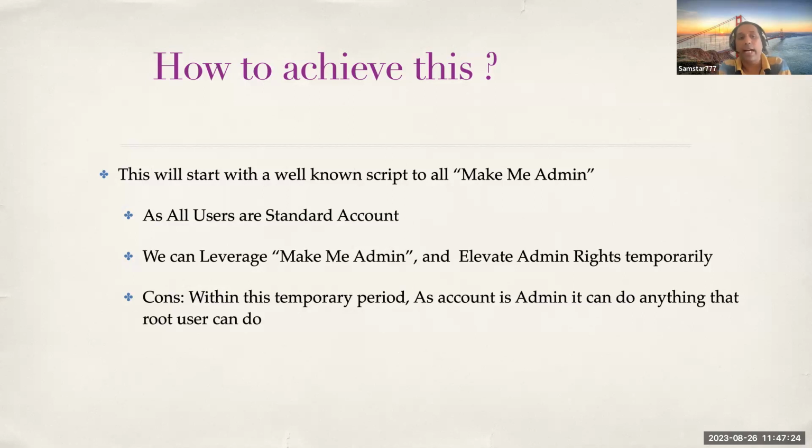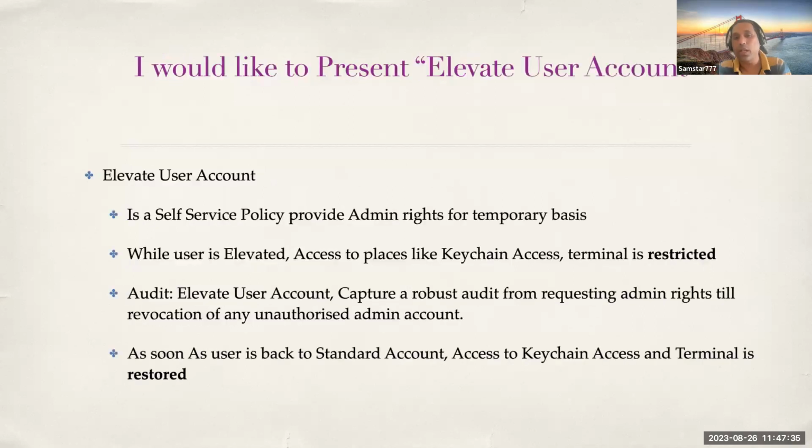To answer that, the fix is a new solution, a new modified script. So I would like to present Elevate User Account. Elevate User Account is basically a self-service policy which provides admin rights on a temporary basis.